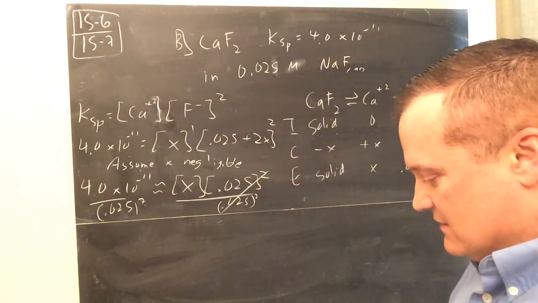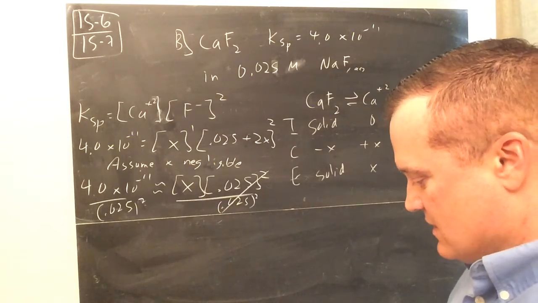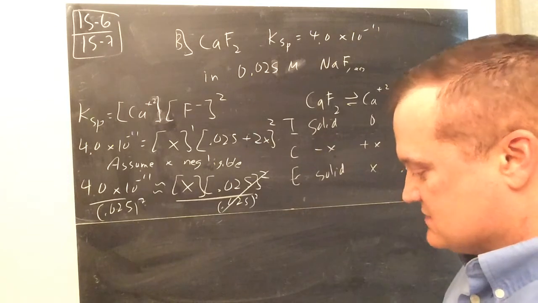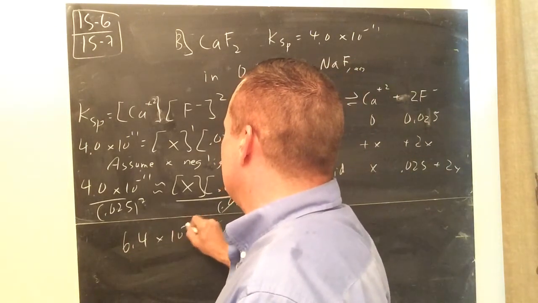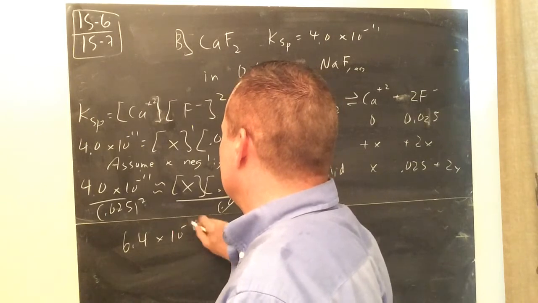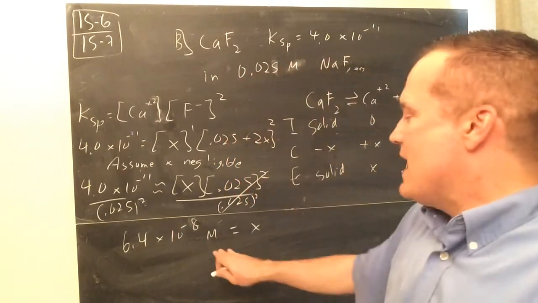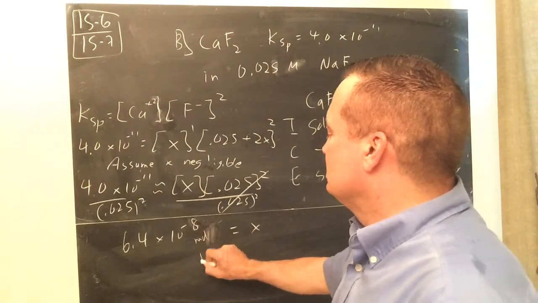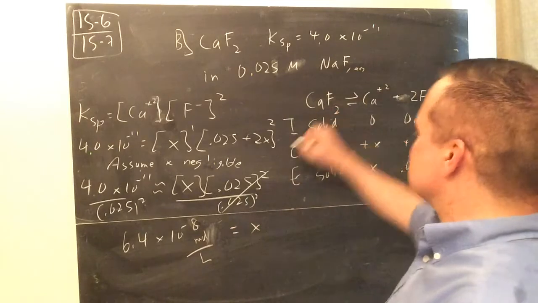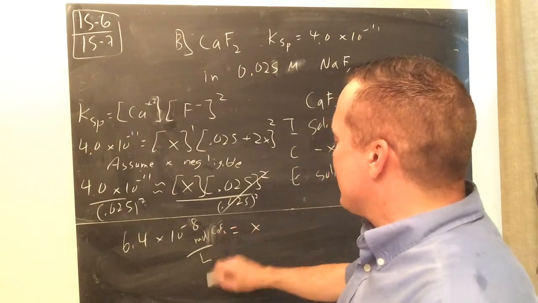I'll double check it. 4 times 10 to the negative 11 divided by 0.025, divided by 0.025 again. It's 6.4 times 10 to the negative 8, yeah. 6.4 times 10 to the negative 8 molar equals X. And of course, I like to write it down as mole per liter. Moles of what? Moles of CaF2 will dissolve in every 1 liter of that solution.